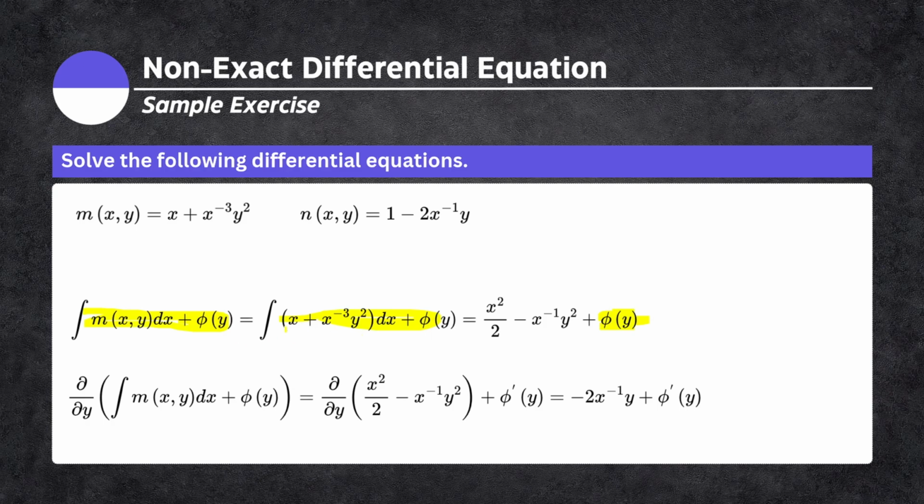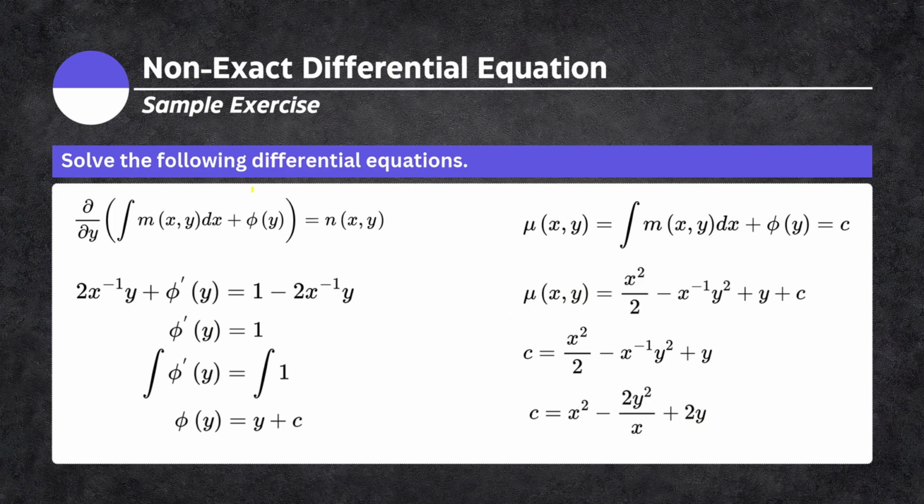Next, get the partial derivative of this result with respect to y. So we have this answer, which is negative 2 x raised to negative 1 y plus phi prime of y.